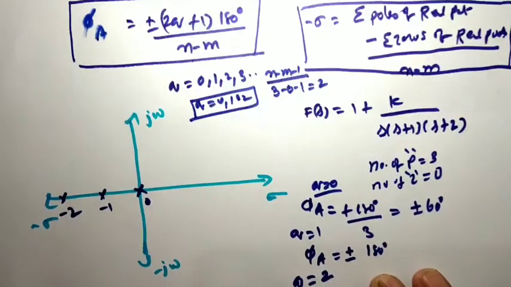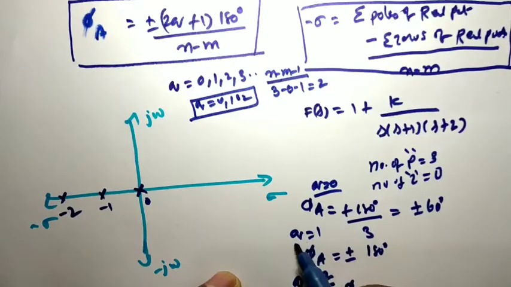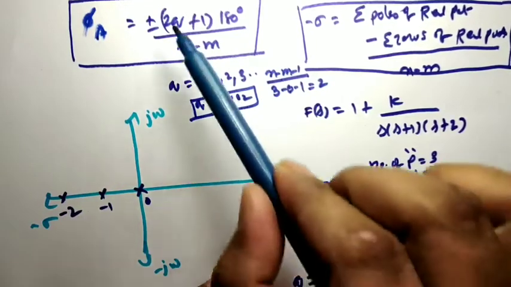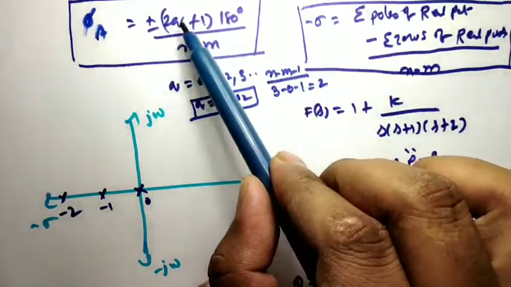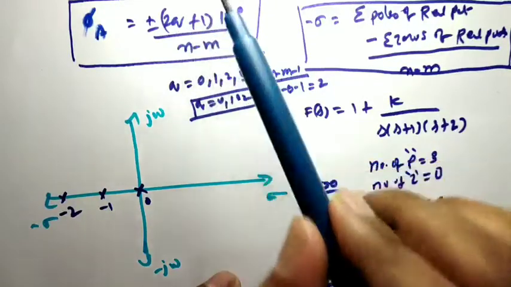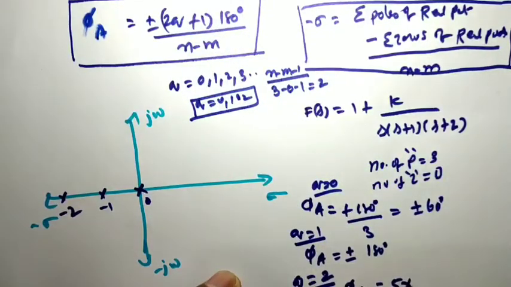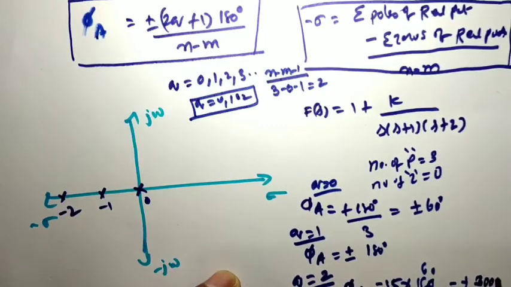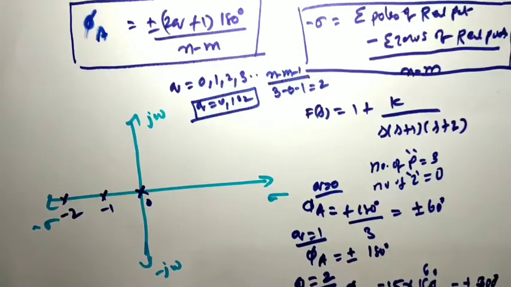Substitute q is equal to 2: 2 into 2 is 4, plus 1 is 5. 5 into plus or minus 180 by 3, that is 60, so this will be plus or minus 300.